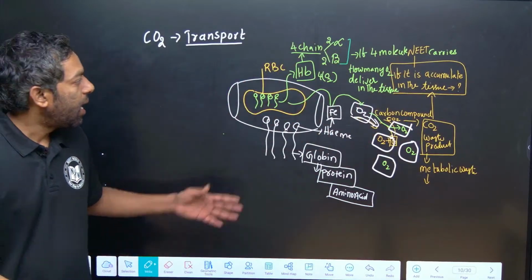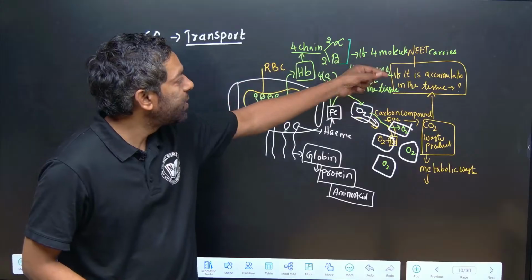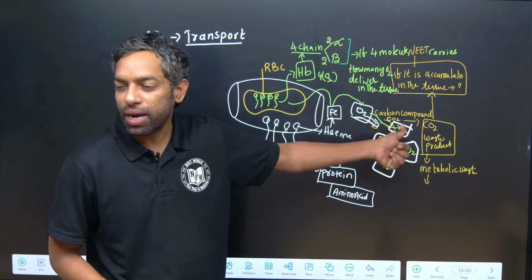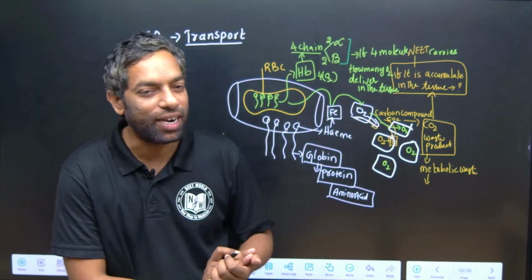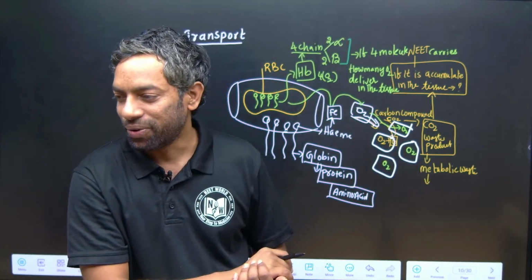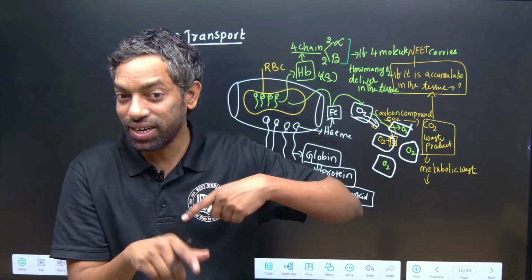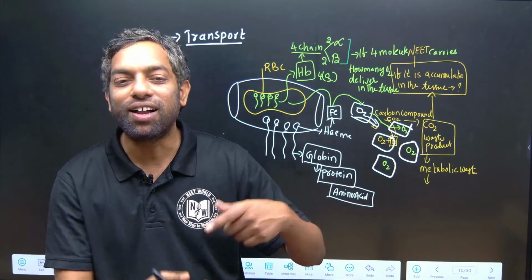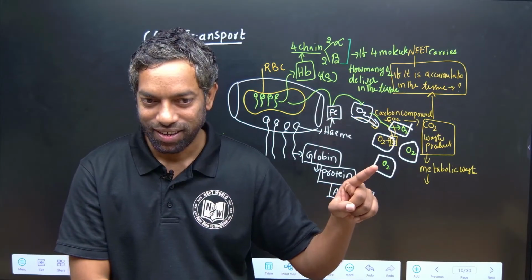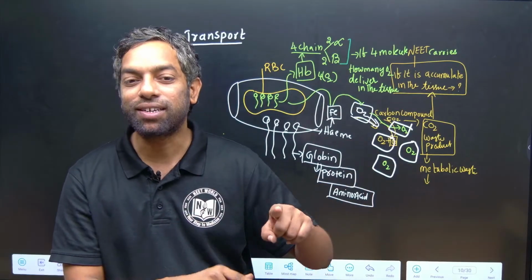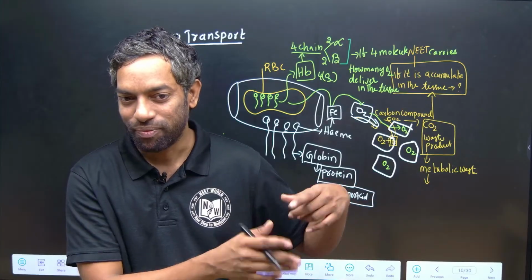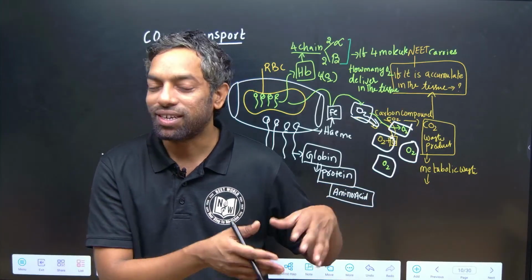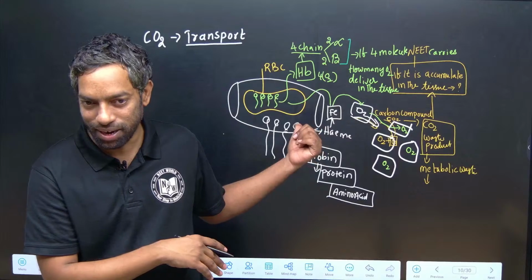Yeah, of course, how many molecules they can deliver if the 4 molecules they can carry, in the tissue how many oxygen molecules deliver? This is the yesterday question. Deoxygenated blood also carry oxygen. How much percentage of oxygen they can carry in the deoxygenated blood?